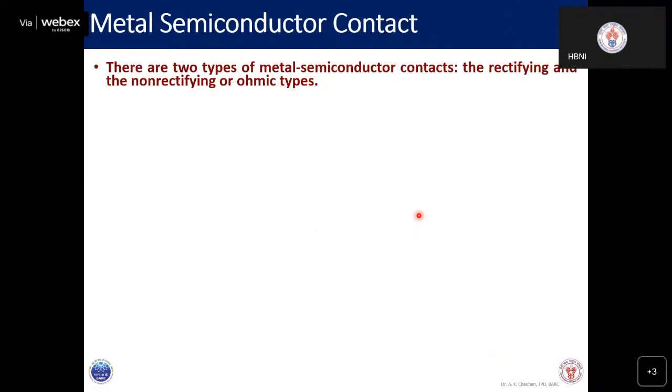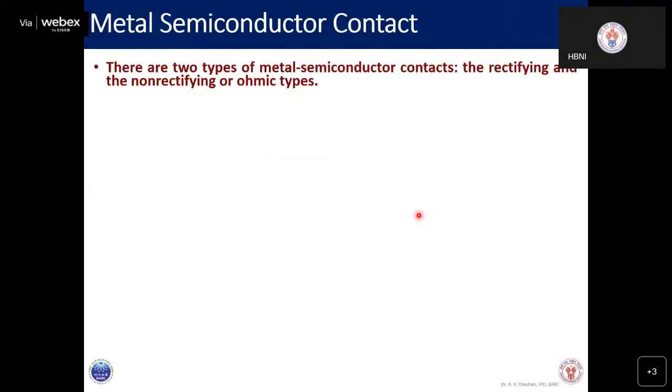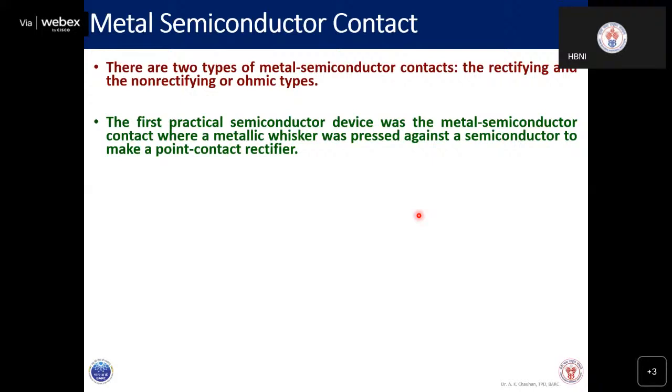Now let us come to the context, which is also a very important thing in the making of semiconductor devices. There are two types of metal semiconductor contacts, the rectifying and non-rectifying.